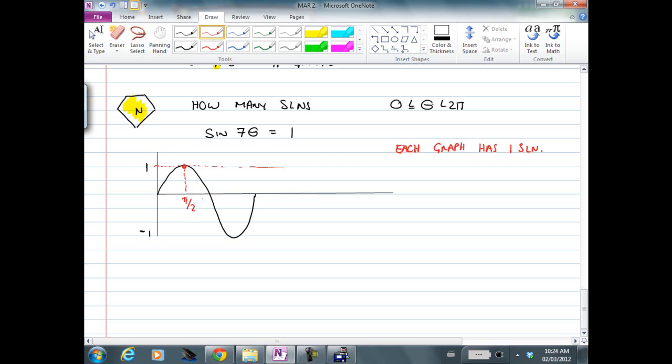It all depends where the line is, and on what your equation is. There are 7 graphs. Therefore, 7 solutions in total.